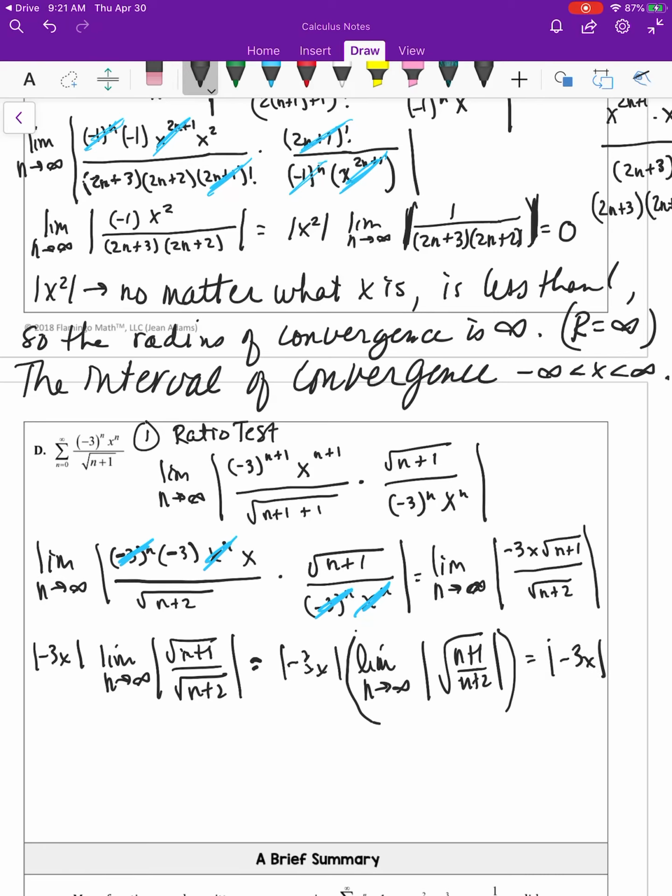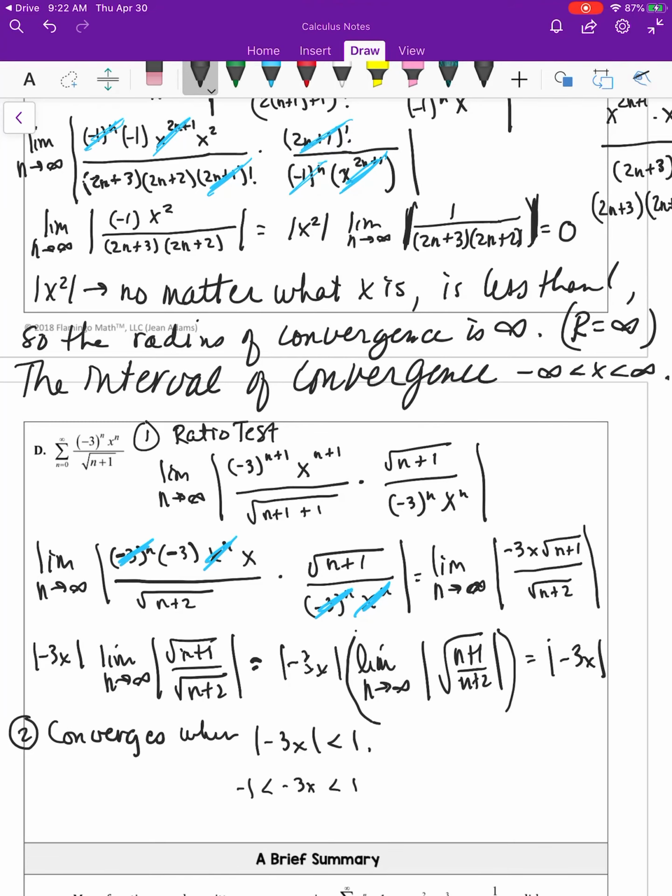So this whole limit becomes 1, right? So this becomes absolute value of negative 3x. This is what we need to be, it converges when the absolute value of negative 3x is less than 1.